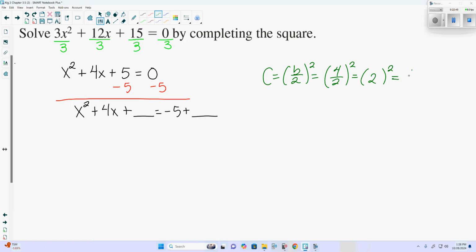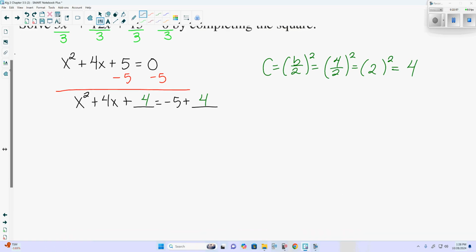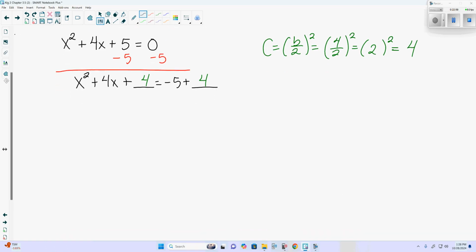And our 2 squared is 4. So we can add it to both sides to give us this perfect square trinomial. Telling us that the x squared plus 4x plus 4 is our perfect square trinomial. And it's equal to negative 5 plus 4.